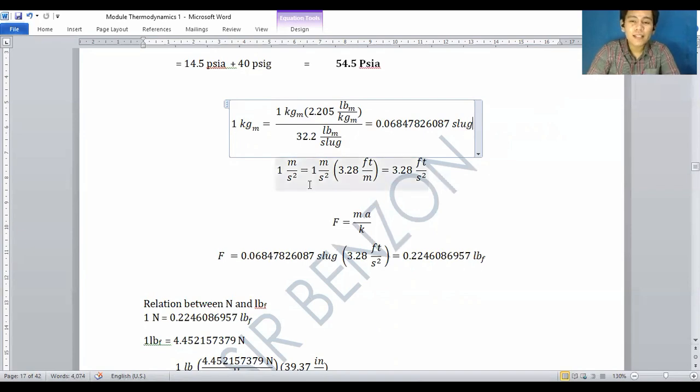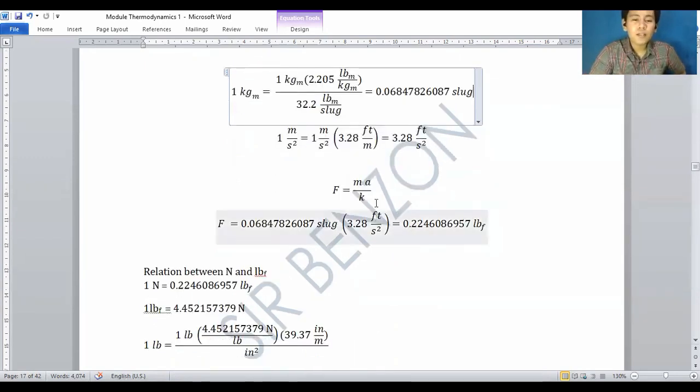Now we have the mass. Next is the acceleration. We assume one mass and one acceleration. So 1 meter per second squared, we can change into feet per second squared using the conversion factor of 3.28 feet per meter. Therefore, 3.28 feet per second squared.